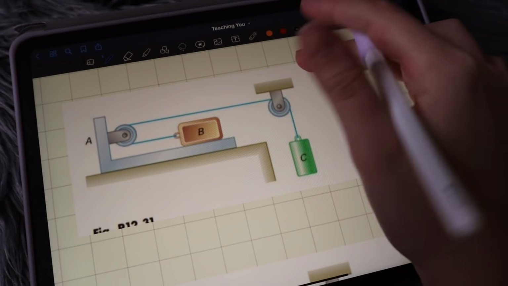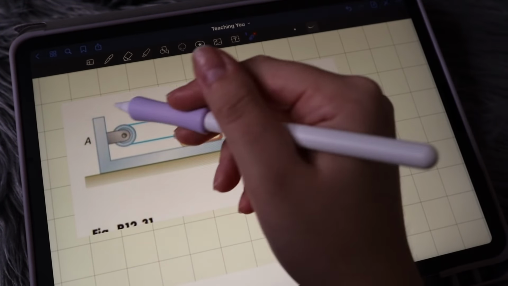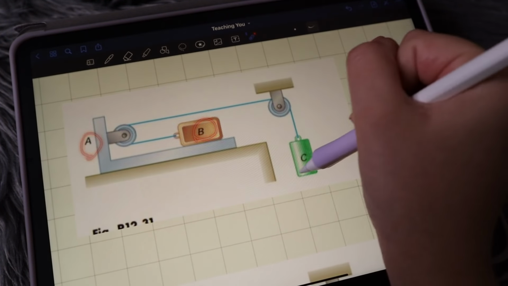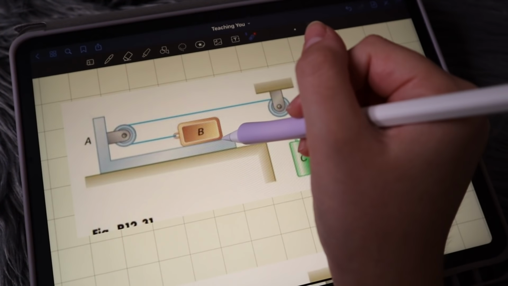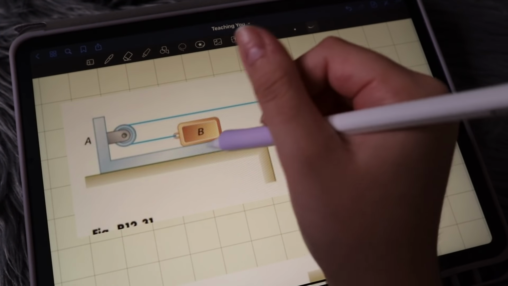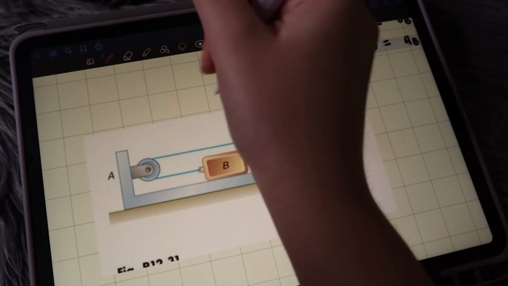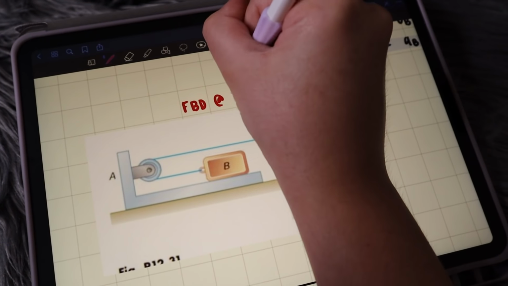Since we have multiple bodies here, we have different weights. A has a weight, B has a weight, and C has a weight. So we're going to do 3 different free body diagrams because they're all experiencing different things. So this first one is going to be FBD at bracket A.